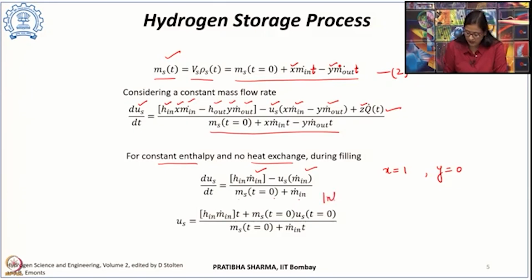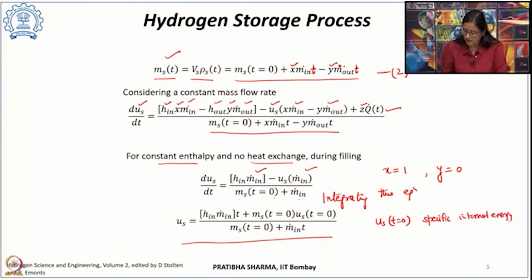Now integrating this equation with respect to time, we can get the value of specific internal energy, and that is given by h in m dot in t plus ms at t equal to 0 times us at t equal to 0, where us at t equal to 0 is the specific internal energy at the initial state, or at the initial time of filling, divided by ms at t equal to 0 plus m dot in times t.